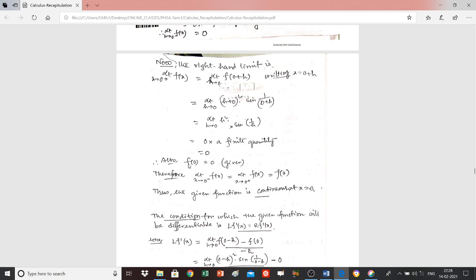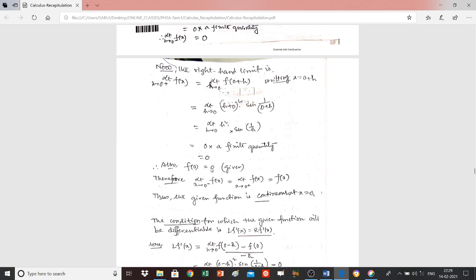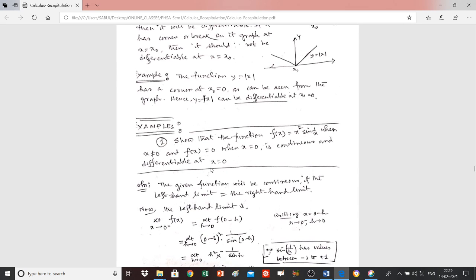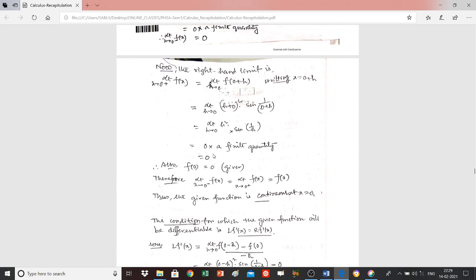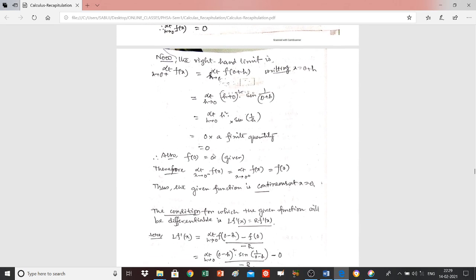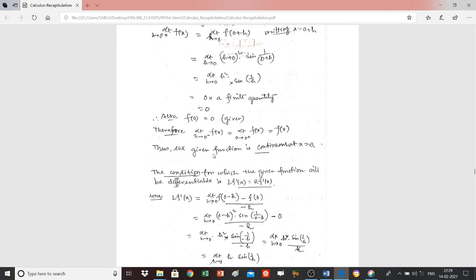Also f(0) is given as 0. So we see from here that the left hand limit is equal to the right hand limit, which is equal to f(0). So the given function is continuous at x equal to 0.